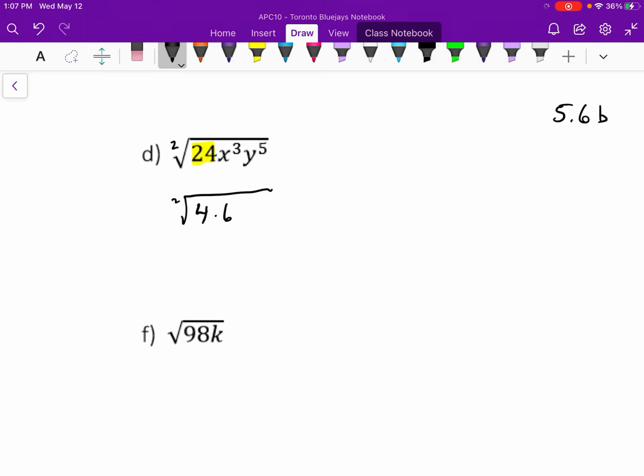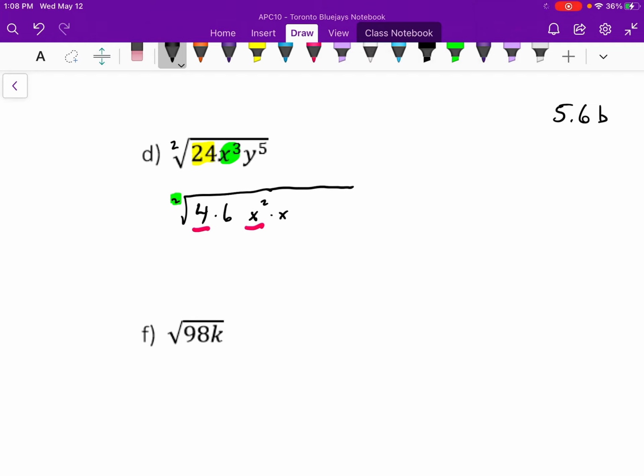Now the next thing I'm going to do is take care of this x to the power of 3. It's important to follow along that my index is 2. So I'm going to write x to the power of 3 as x squared times x, with the full intention that x squared is a perfect square, so I can take the square root of x squared.